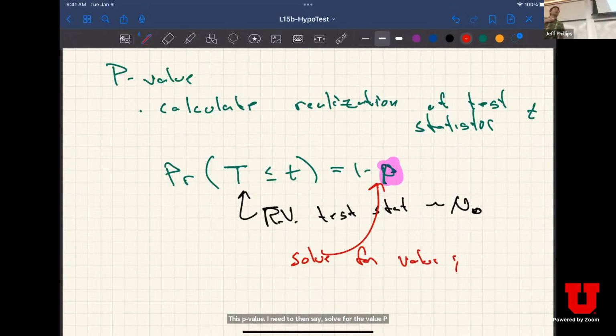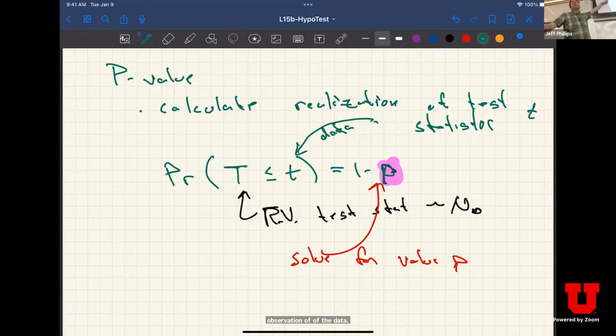So uppercase T is a random variable. Lowercase t is from the observation of the data. And I have an uppercase T, which is from my null distribution. If I ask what is the CDF of the random variable from the null distribution at the value I actually observed, 1 minus that is the p-value.